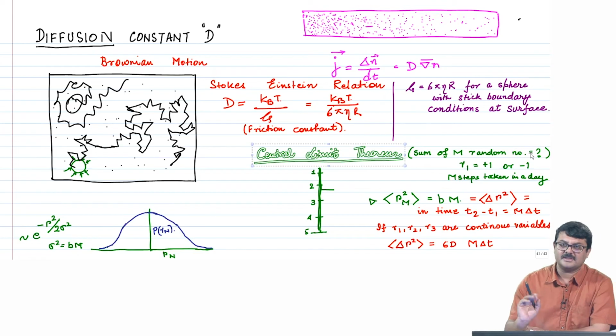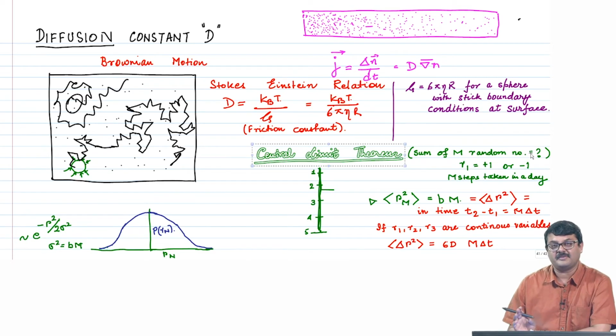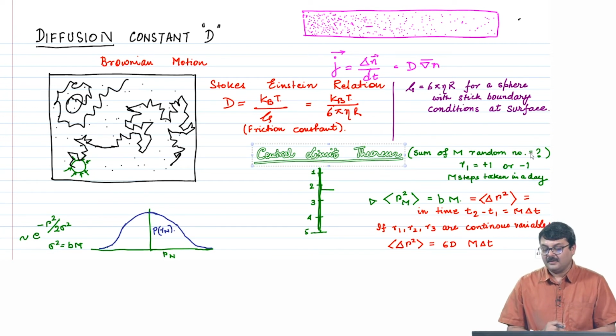Or let us talk about a slightly different case. Suppose the random number is between minus 0.5 and plus 0.5, and you add a large number m of random numbers. What would be the behavior of such a sum?